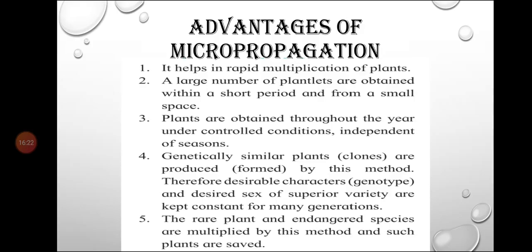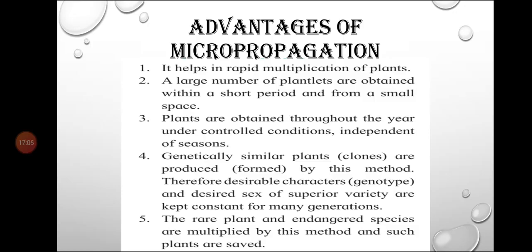Okay. Then genetically similar plants, clones, are produced by this method. Therefore, desirable characters, genotype, and desired sex of superior variety are kept constant for many generations. So definitely, when we are growing as per our requirement, we will get the desired quality character of the plant, and we will be able to get clones, similar plants, and maintain the superior quality of the plant for many generations, because this is in our hand: how we are growing the plants, which explant we are using, which cell we are using.